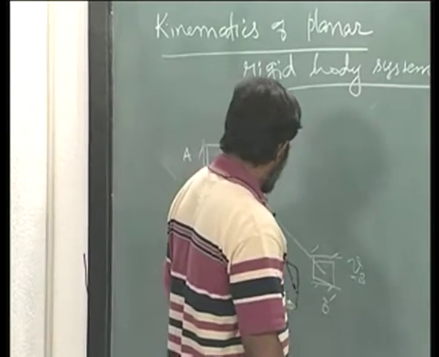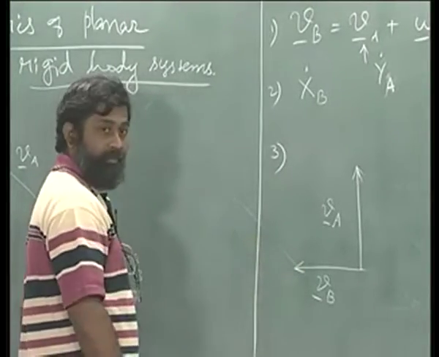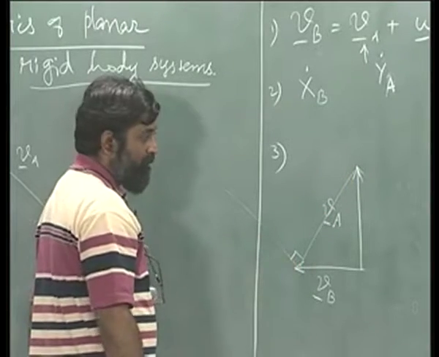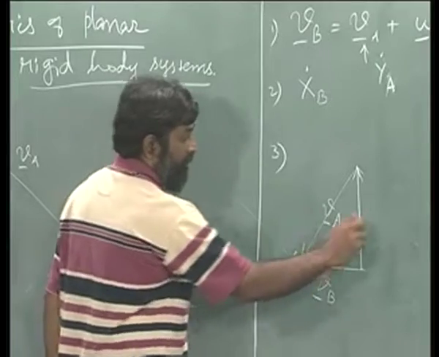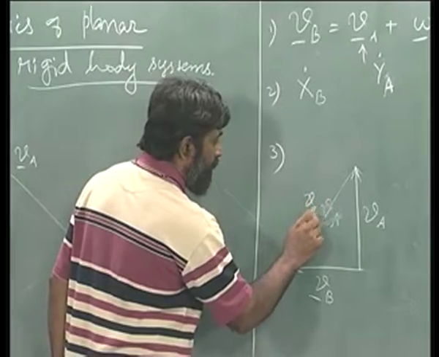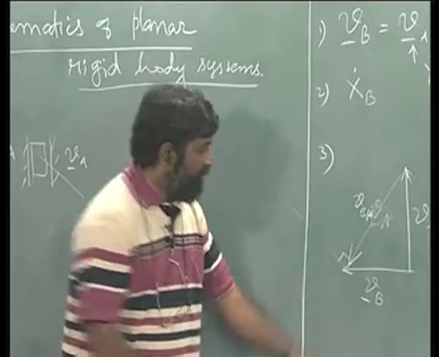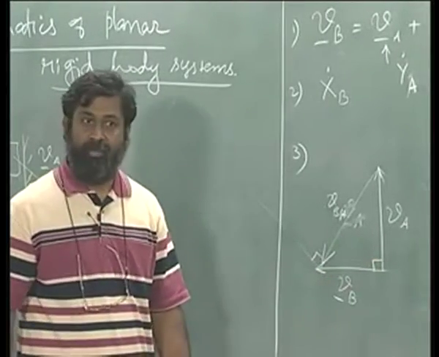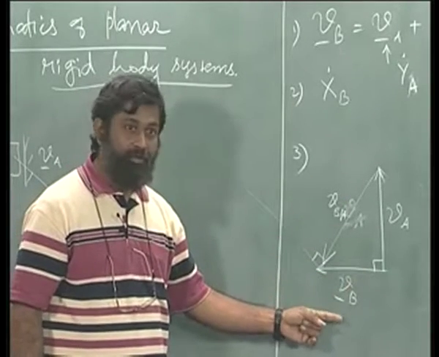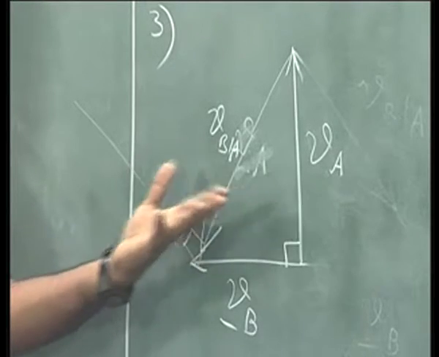So if I have that perpendicular line drawn here, let us say this is the line AB, then VA plus VB with respect to A equals VB, alright. Now, this is perpendicular, so I can simply do a projection in order to find out what VB is. It becomes very simple.